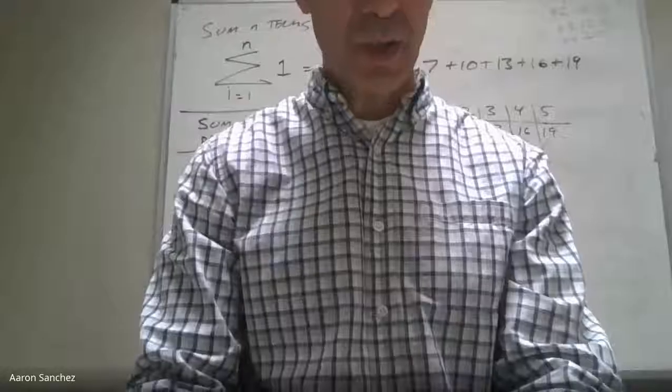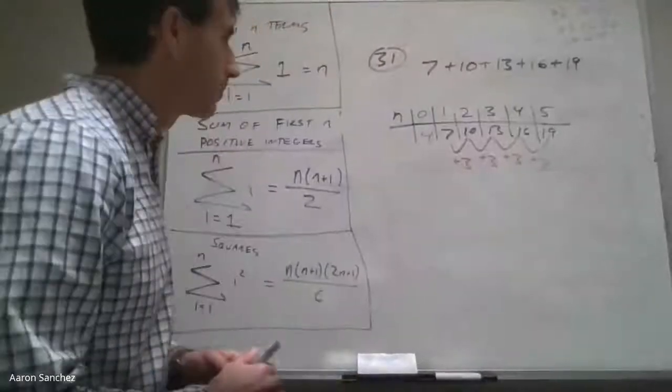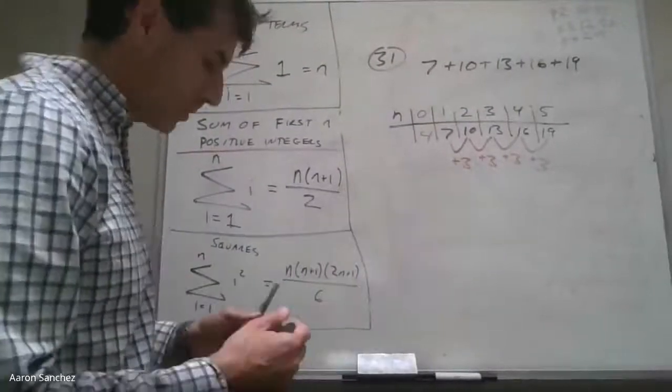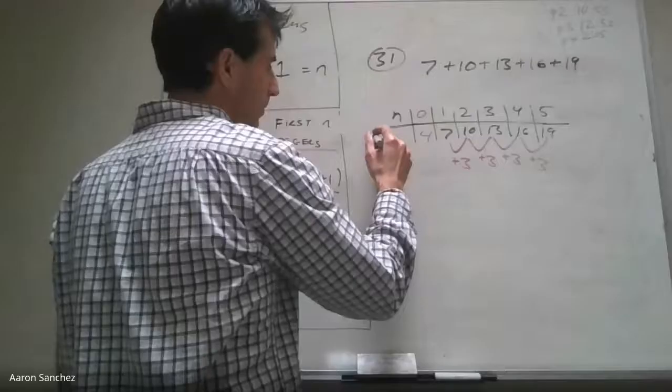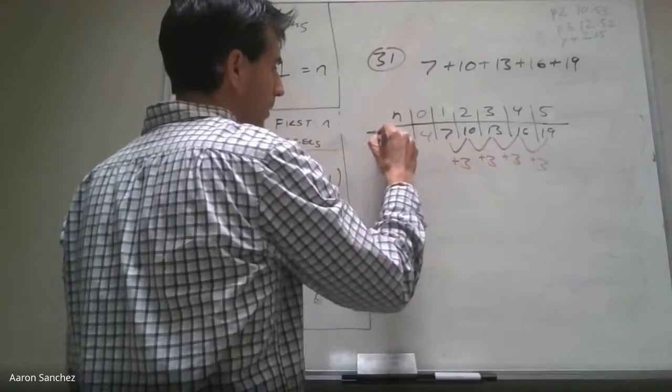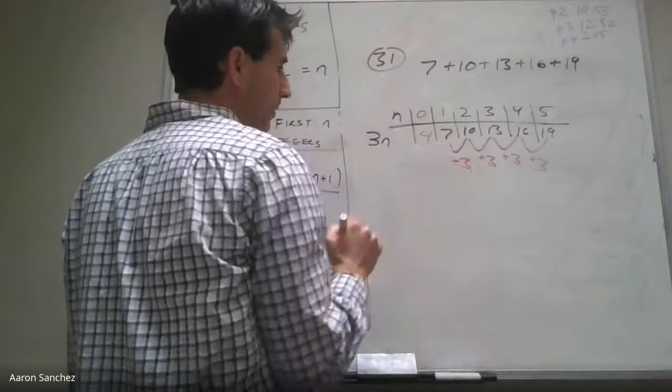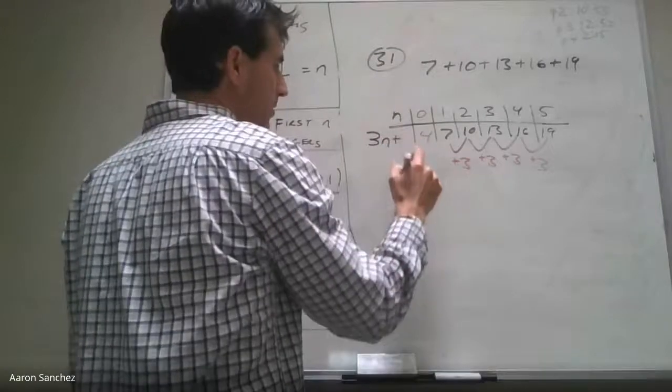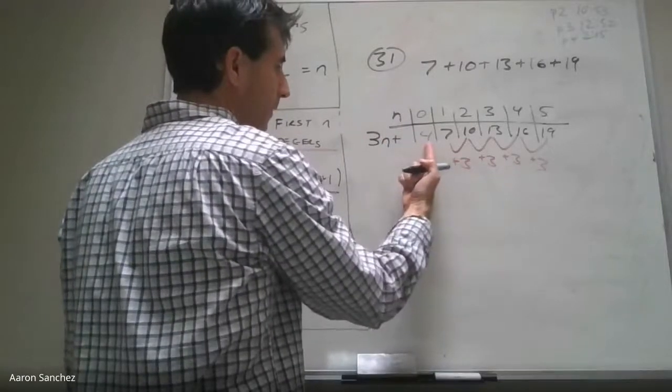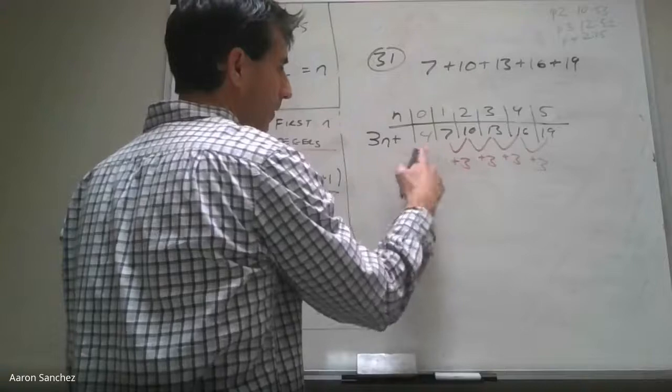All right, Bryson. Do you know what the rule is here? What's my rule? Is it +3? 3 times n, we're going to multiply that, plus +4.